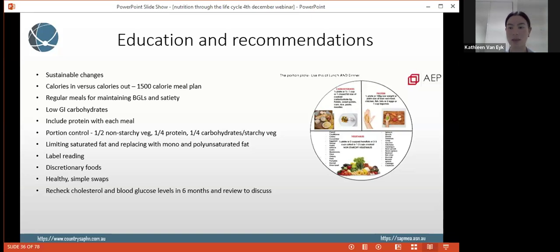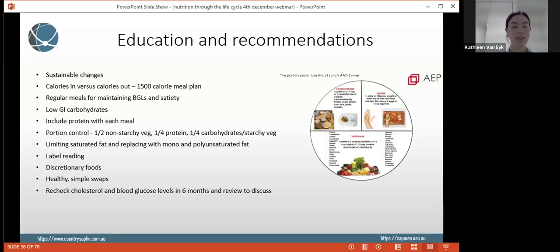Portion control, again, that portion plate. So this is an easy way to look at portions without getting too technical and weighing everything out, for example. So again, the half plate veggies, quarter protein and quarter carbohydrates on the plate. So we're looking at fist size for carbohydrate and then about palm size for protein.